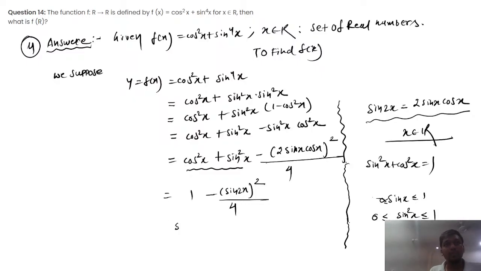The value of sin 2x is between this. Now the value of sin square 2x is also between this. And in the next step, the value of sin square 2x by 4 is between this.